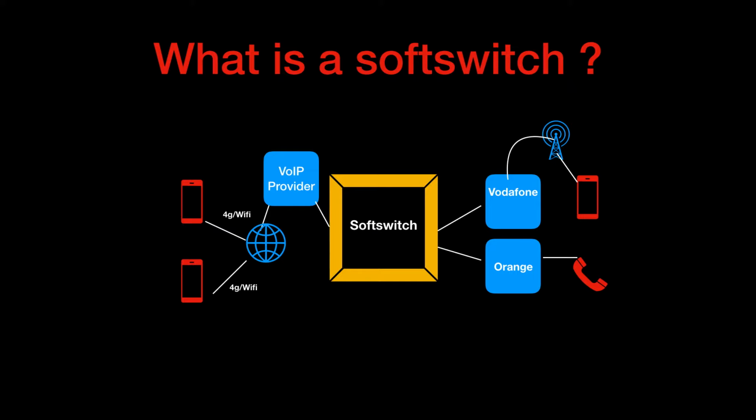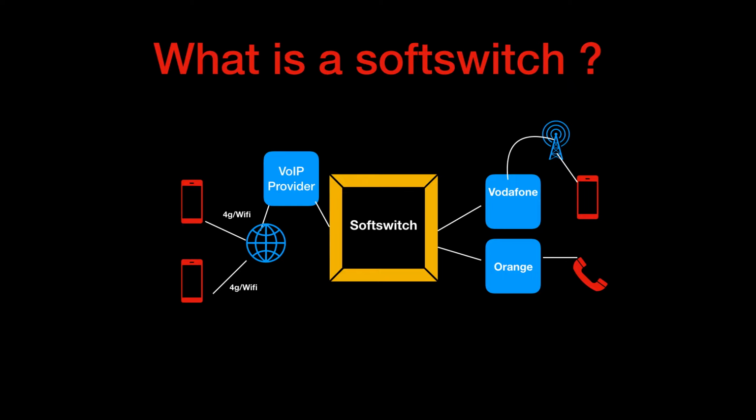So let's say that you have Skype on one of these phones and you're connected to the internet, and the VoIP provider in this picture would be Skype. When you make an outbound call, when you're trying to call your wife or someone from your phone, it will go through the internet to the VoIP provider, which is Skype in this example.